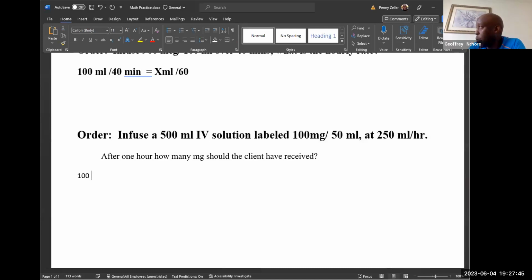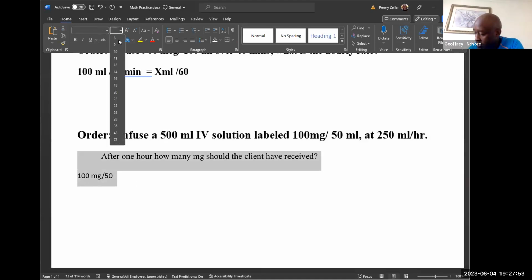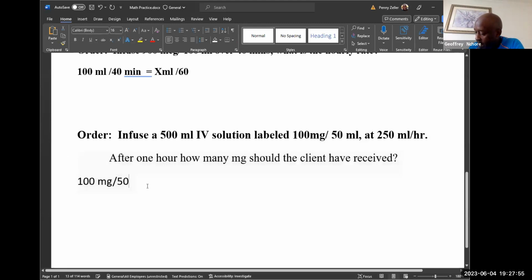Am I right? So 250 mL is equal to what? So it's 250 times 100 over 50. So it's going to be 500.